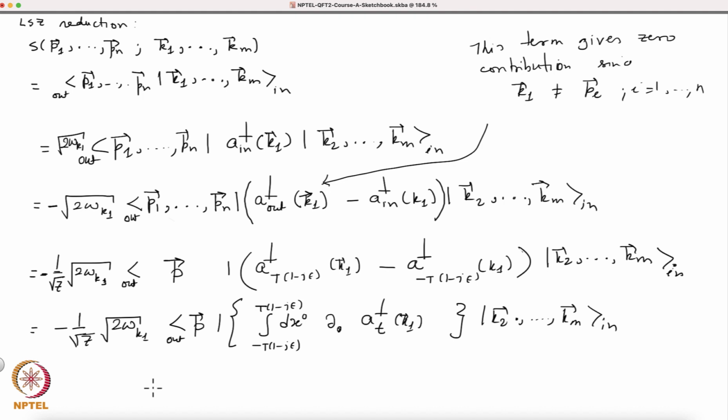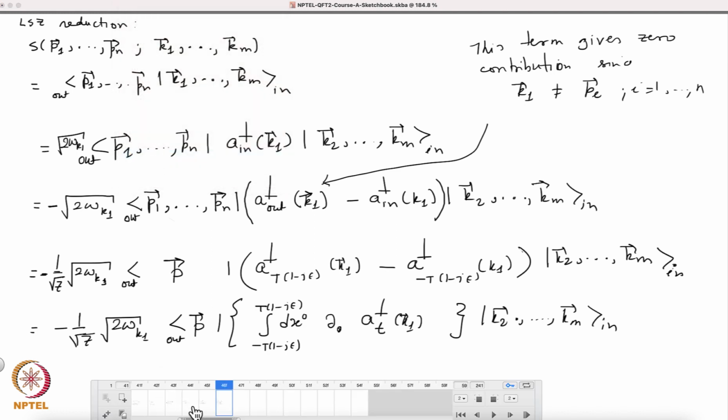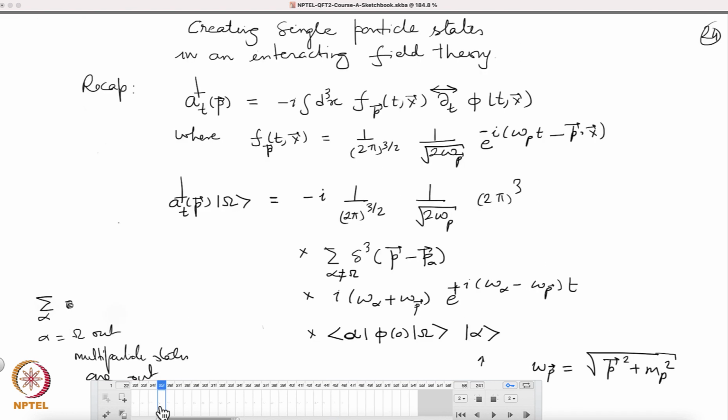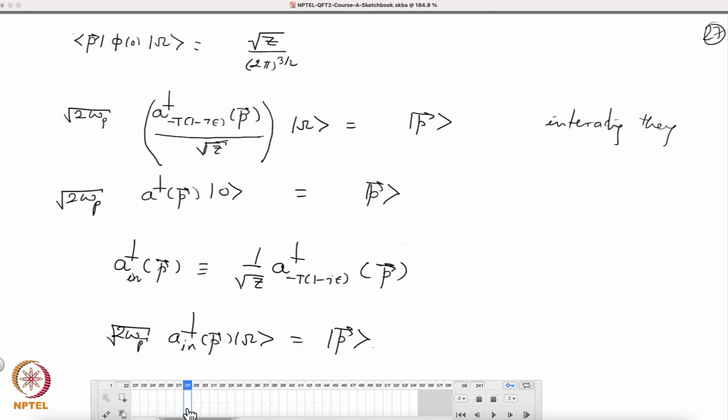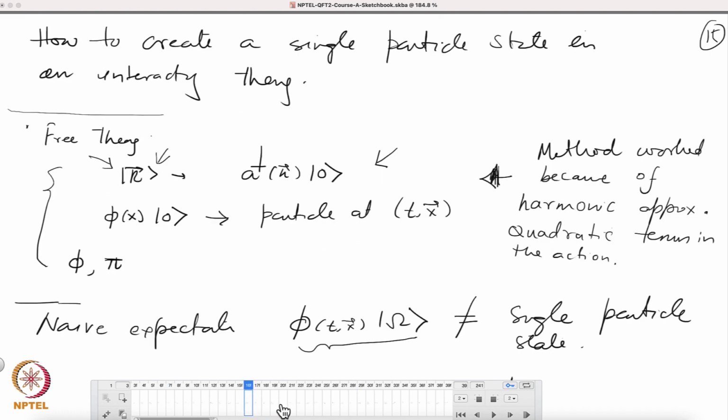Now this is useful because let's see if I can find out. Somewhere I had, I don't know whether I'll find it easily.